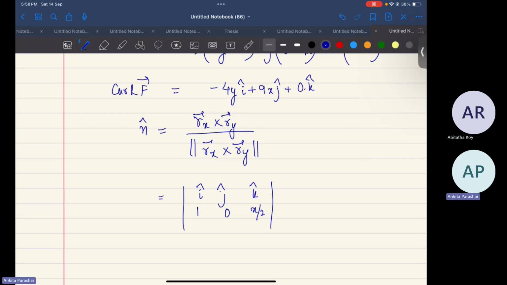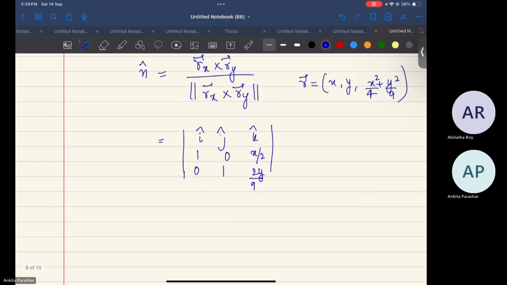Yeah. And we had x comma y comma x square by 4 plus y square by 9. This was our position vector. So what is Ry? Is it fine? So what we get is minus x by 2 i cap minus 2y by 9 j cap plus k cap.